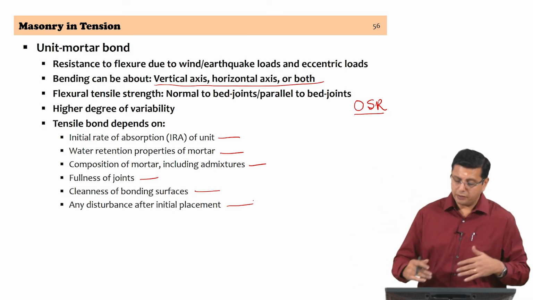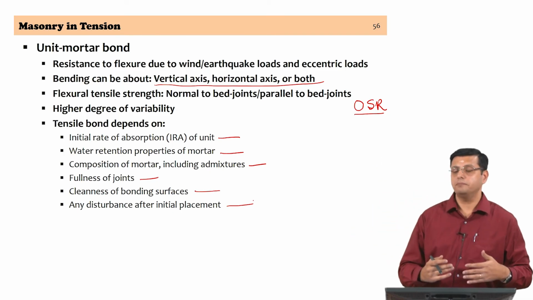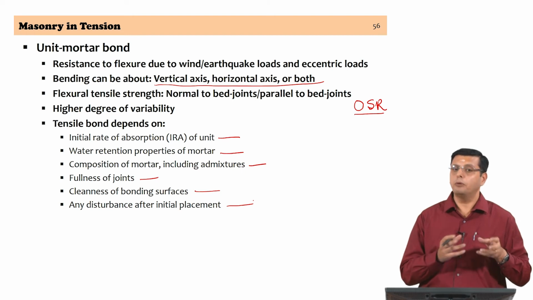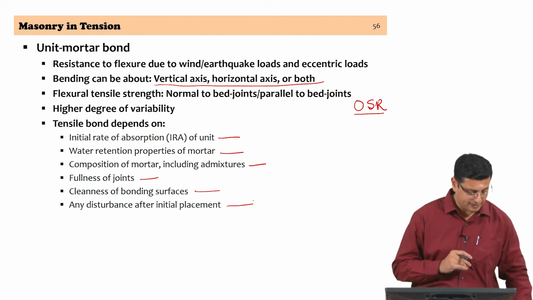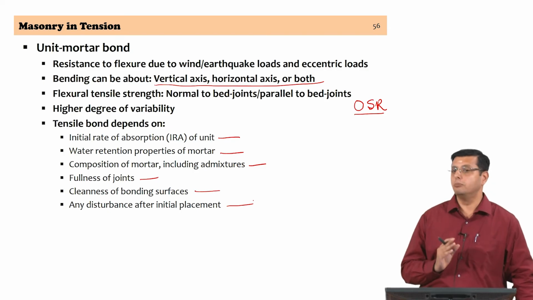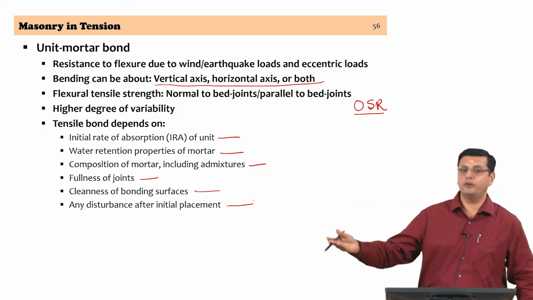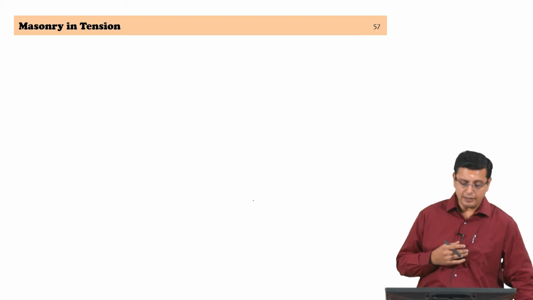So, there are workmanship aspects, material aspects, and specific properties of the units and the mortar that will matter in establishing good bond and thereby giving you good flexural tensile strength normal and parallel to the bed joint.